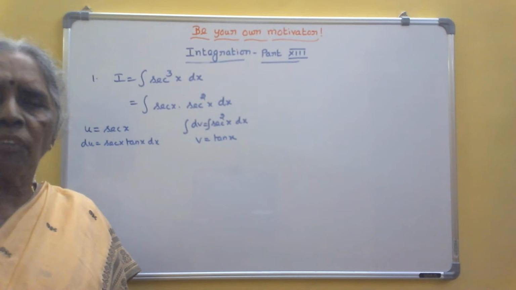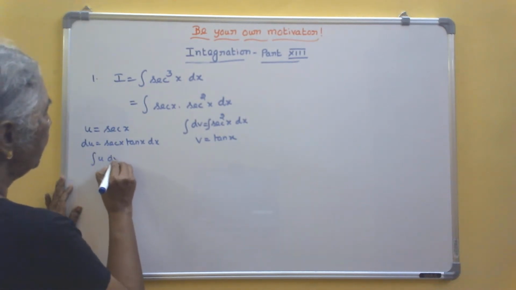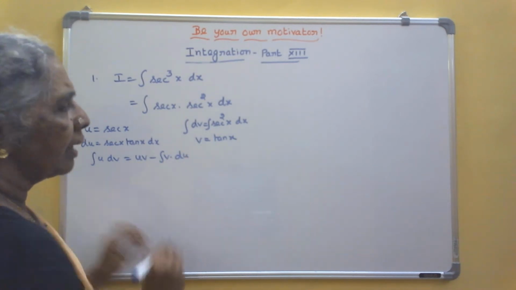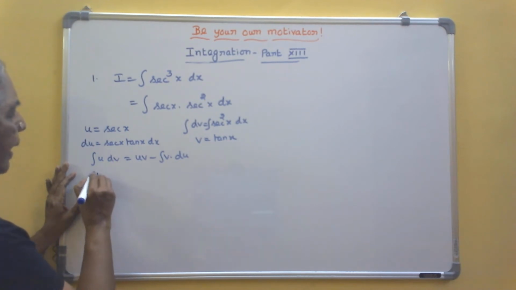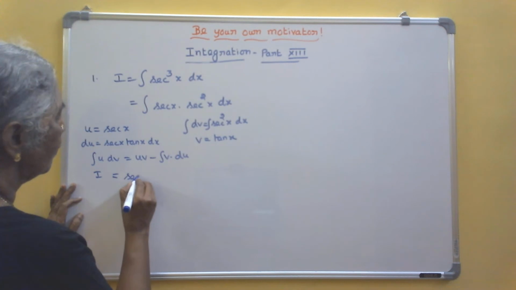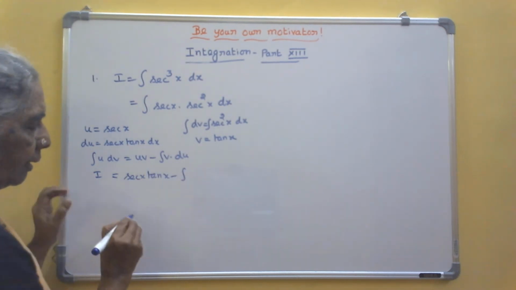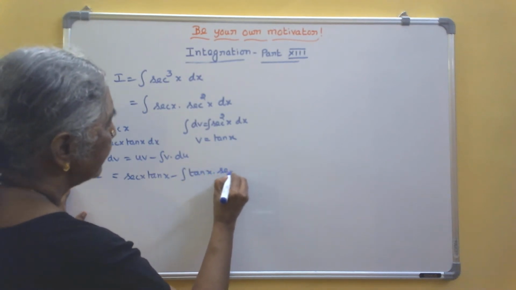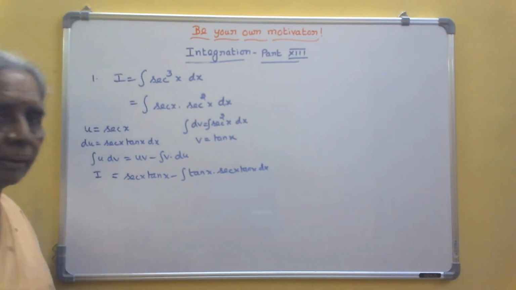Now let us use the formula for integration by parts: integral u dv equals uv minus integral v du. This u dv is nothing but I, that is equal to u into v. So you will get secant x tan x minus integral tan x into du, which is secant x tan x dx.